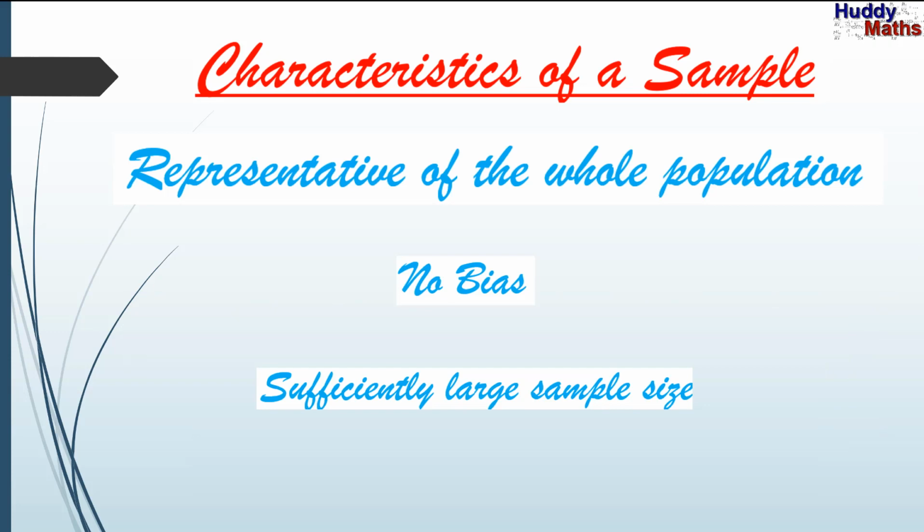Okay, so how do you do it? Characteristics of a sample. It must be, here's a crucial driving force, it must be representative of the whole population. You're trying to represent every different member there, all the different motors made, all the different people perhaps who you're trying to find an opinion from, and you must have no bias.